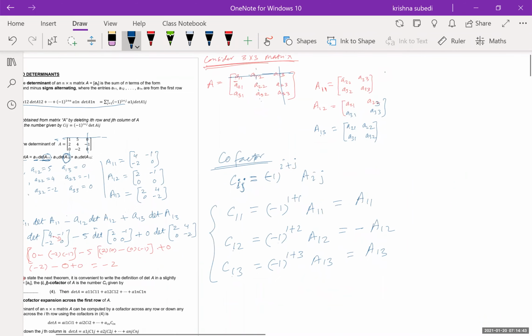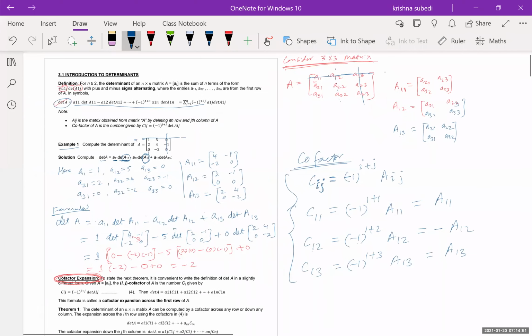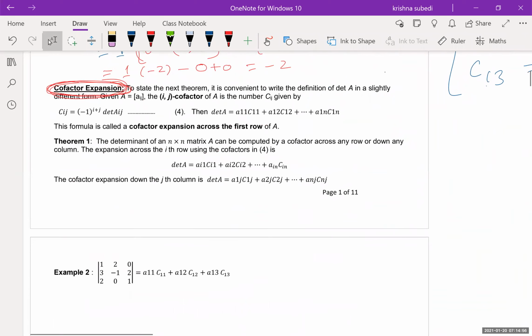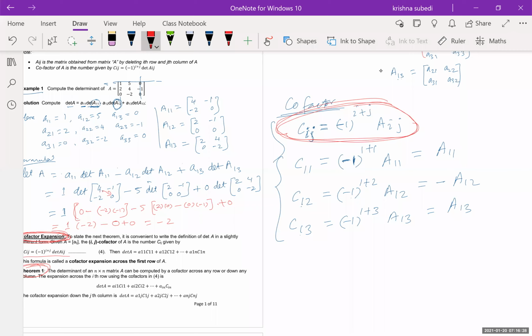Now we'll be using this cofactor to find the determinant for the next example. Okay, in the cofactor, I forgot to put the determinant of that. So you're going to get the determinant, negative determinant, and the determinant. So that's what it is.